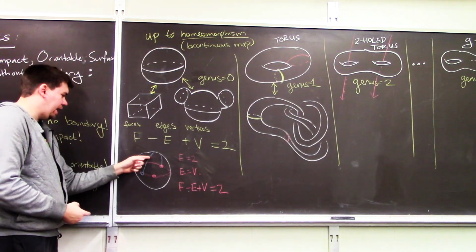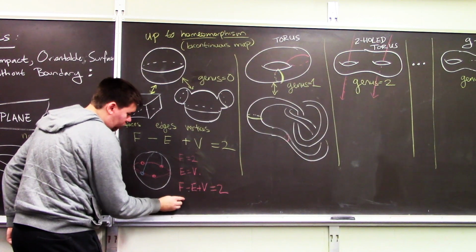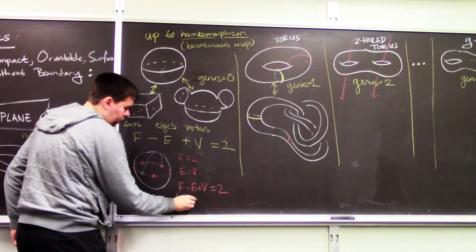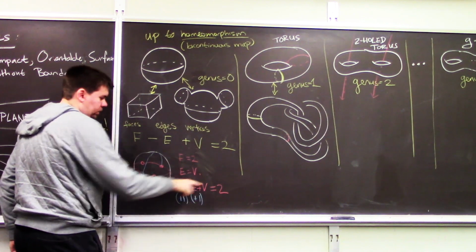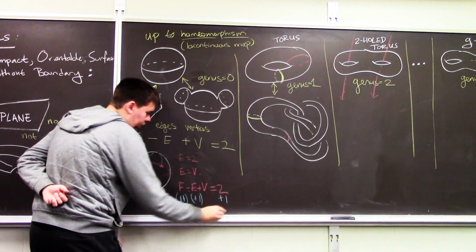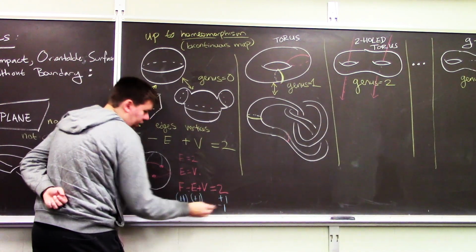So you add edges and faces together. So the count of faces goes up by 1, but so does the count of edges go up by 1. So what does that do to your 2? Well, you increase your faces by 1, so you get plus 1. Your edges increase by 1, so it's minus 1, and so it's still 2.